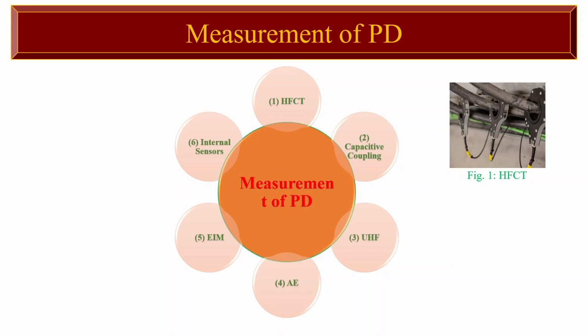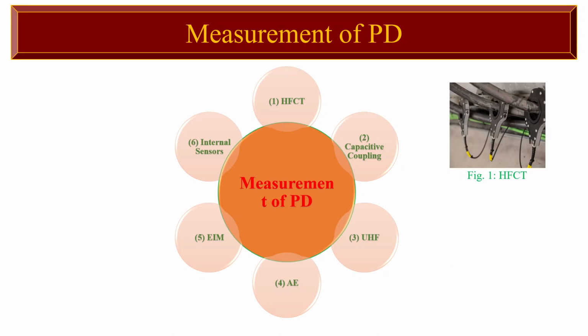potential equipment failure. There are a few common methods used to measure partial discharge. The first is HFCT, that is called the high frequency current transformer. Second one is capacitive coupling.